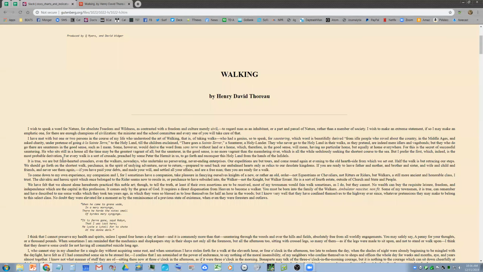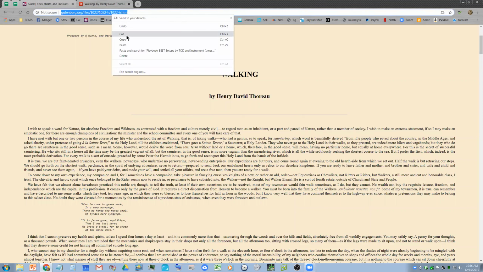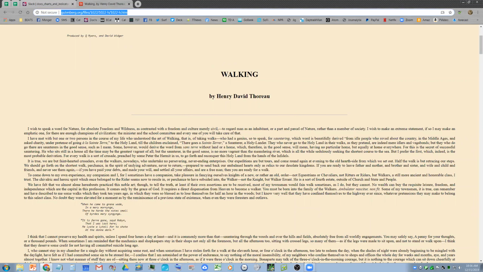To regard man as an inhabitant, part and parcel of nature, rather than a member of society." God, this is just so good. "I wish to make an extreme statement, if so I may make an emphatic one. For there are enough champions of civilization: the ministers, the school committee, every one of you will take care. The genius of taking walks, of sauntering." This is just so good. Anyway, read it, guys. Learn it. Love it. It's a trading philosophy.